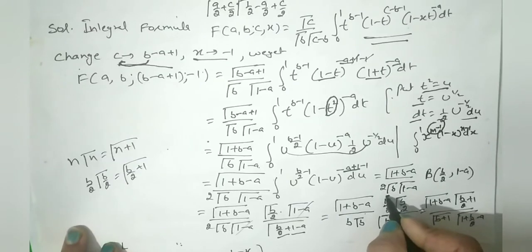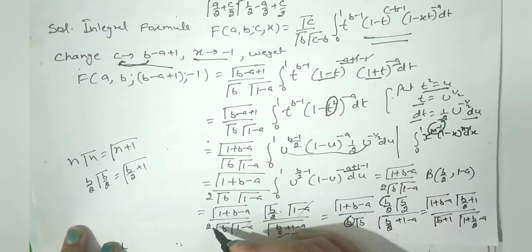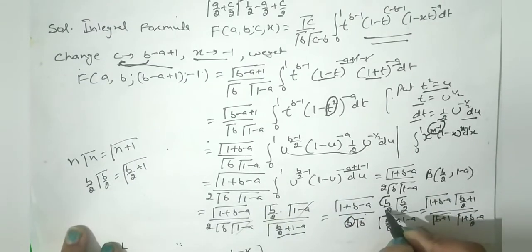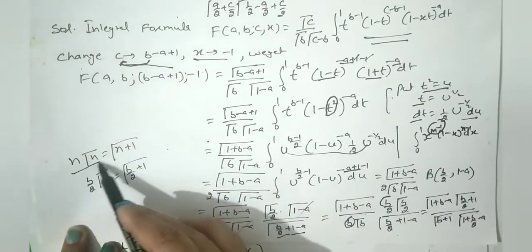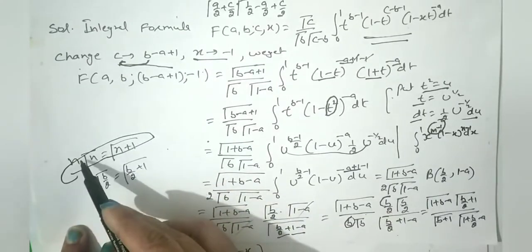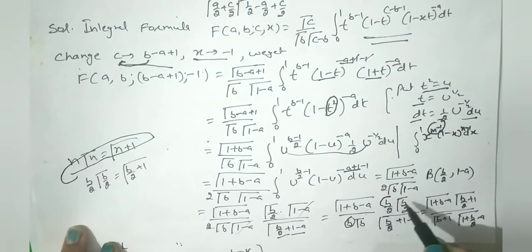now what we do, we multiply and divide by b. So b here, and this 2 I have written here in the numerator, 1 upon 2. Now b by 2 into gamma of b by 2 will become gamma of b by 2 plus 1 because of this result of gamma function: n into gamma of n is gamma of n plus 1.